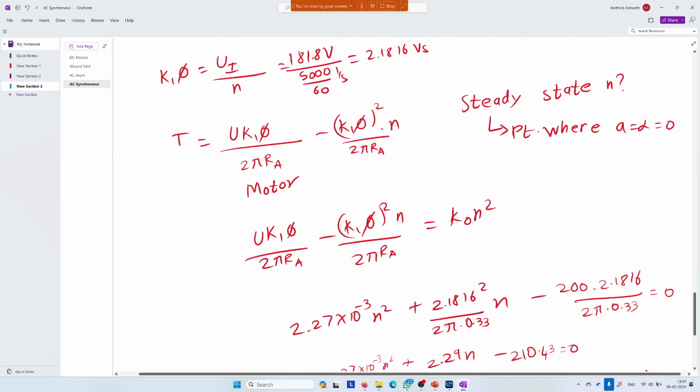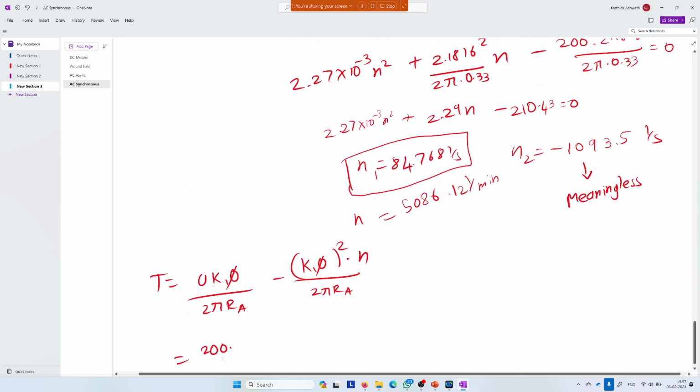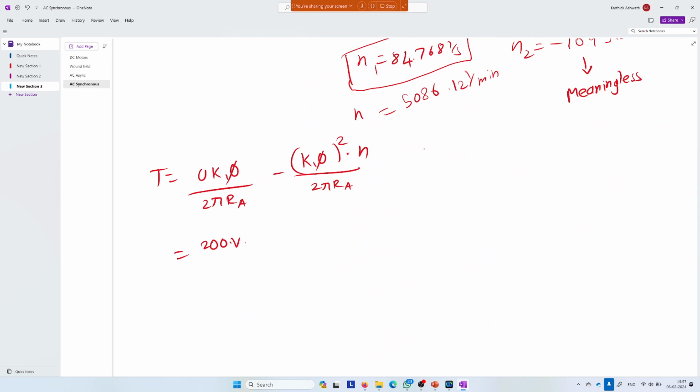K15 was 2.1816 volt second. So 2.1816 volt second divided by 2 pi into 0.33 ohm minus 2.1816 square volt square second square by 2 pi into 0.33 ohm multiplied with 84.768 1 by second.